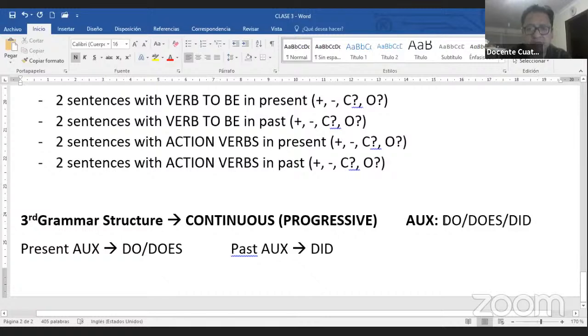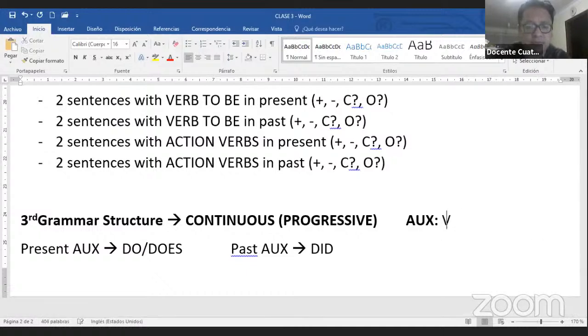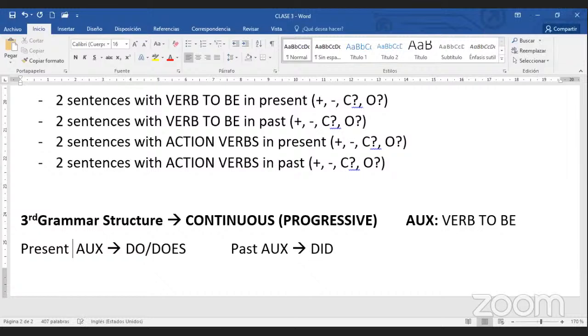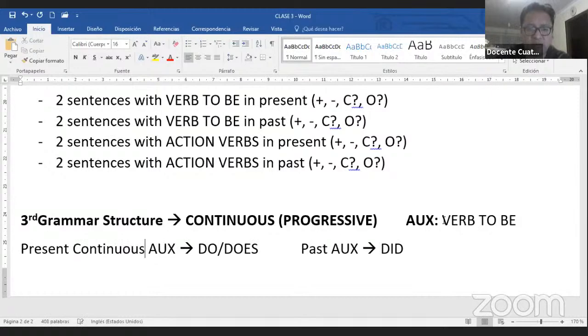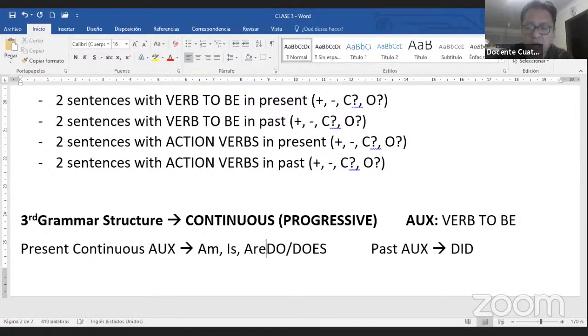Which is the auxiliary for the progressive or continuous? Well, it's very similar to the first structure. So the auxiliary is verb to be, okay? For the present continuous auxiliary, you have am, is, are, the same as to be.